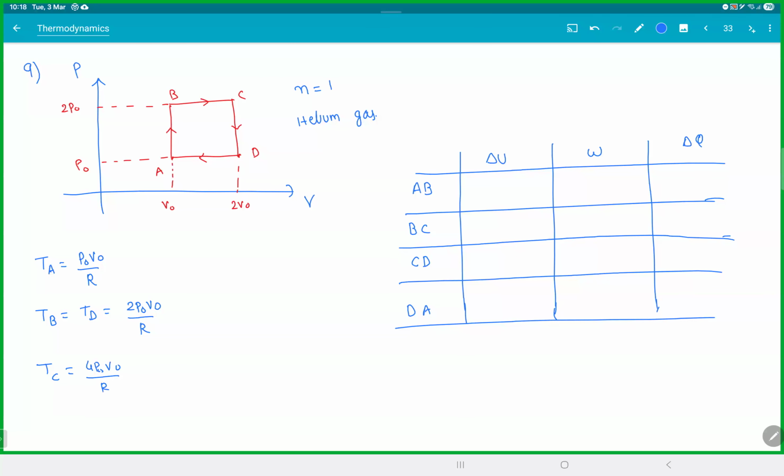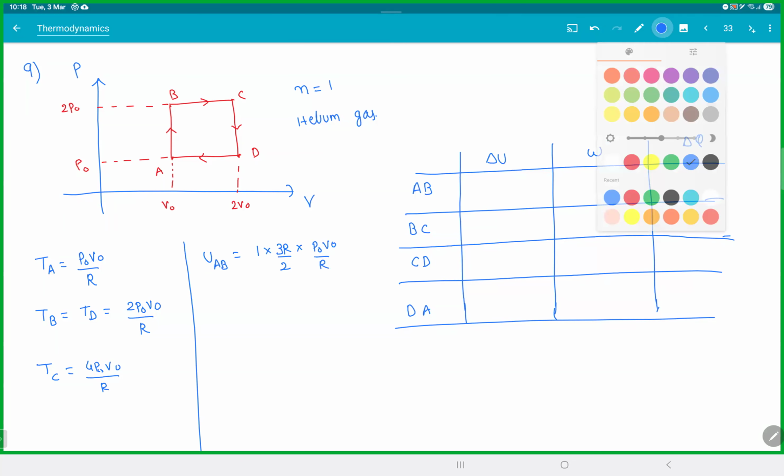Perfect. So when you go from A to B, your delta U, so UAB, will be nCv dT, n is 1, Cv will be 3R by 2, and delta T will be TB minus TA, which is P naught V naught by R. So I can fill up the table here.